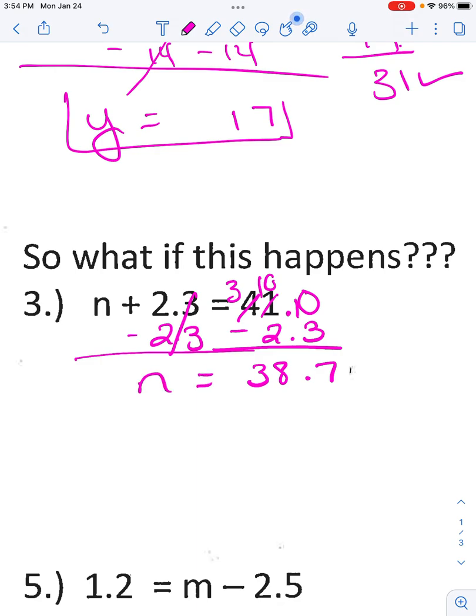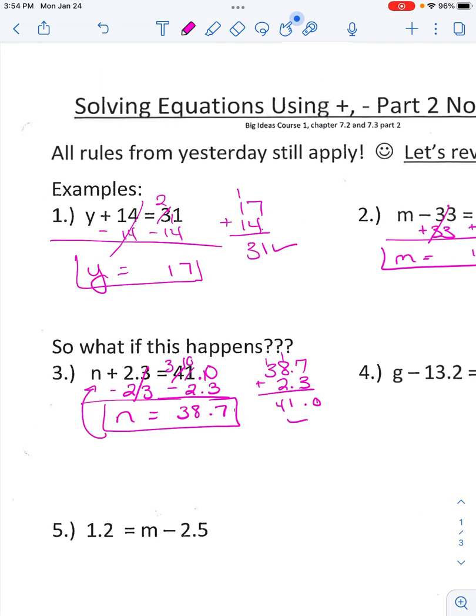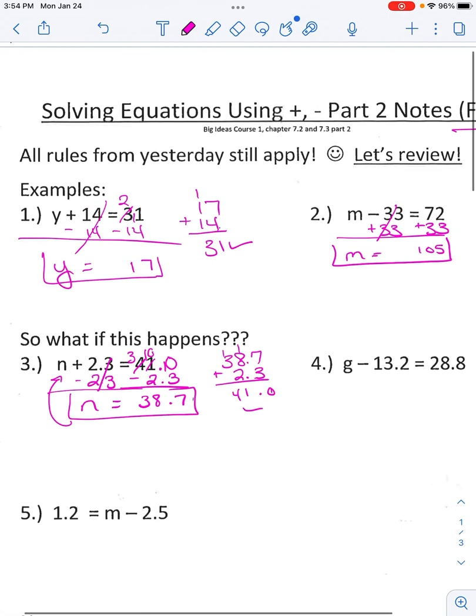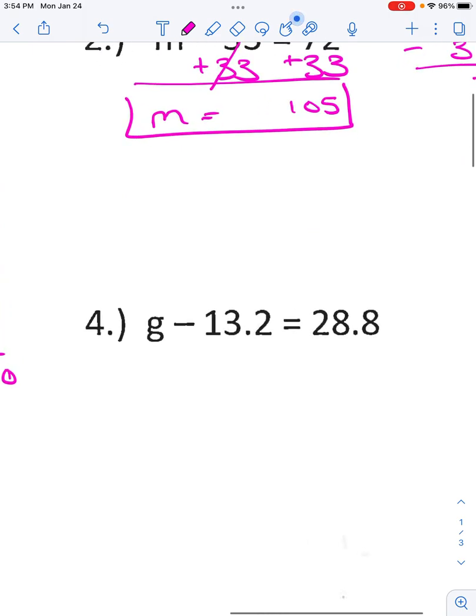So we're going to get n equals 38.7. And then, yes, you still have to substitute back in for n, 38.7 plus 2.3. Line those decimals up again. It is 41 or 41.0, so it checks out. Number 4 says g minus 13 and 2/10, so the inverse of subtraction is addition.